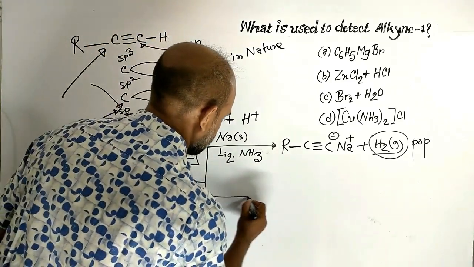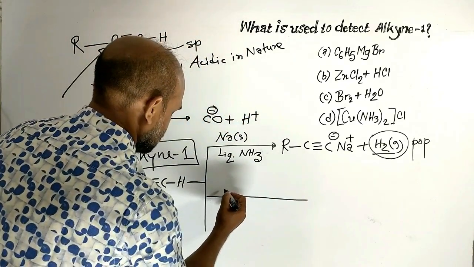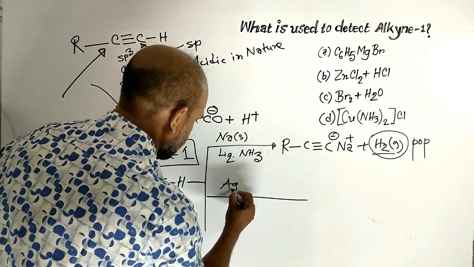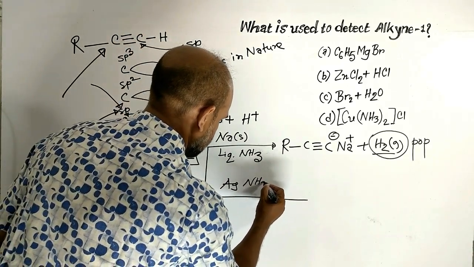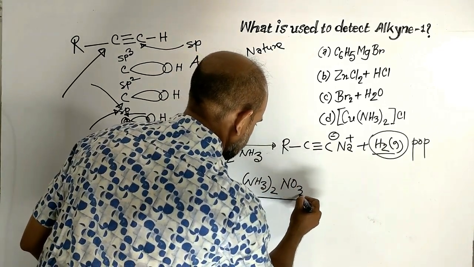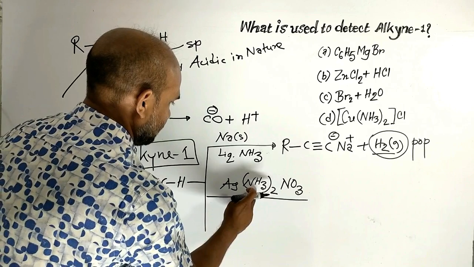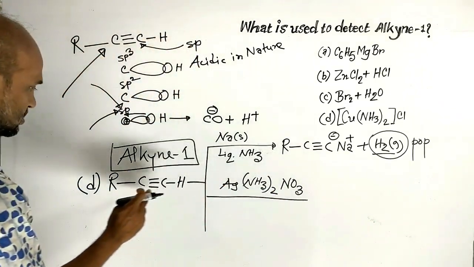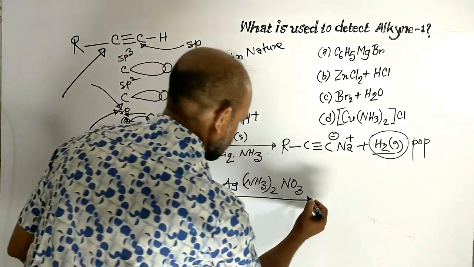Number 2, this reagent, ammoniacal silver nitrate. Diamine silver 1 nitrate can be used to detect Alkyne-1.